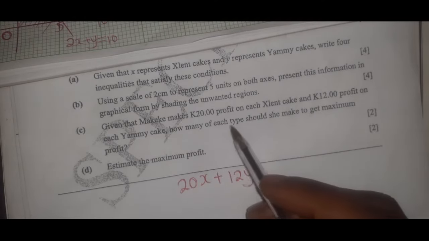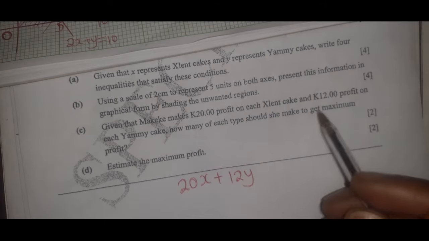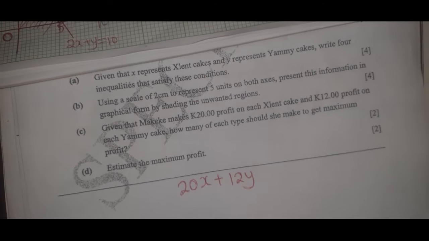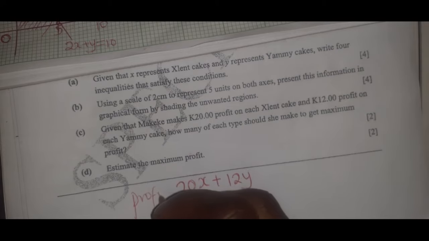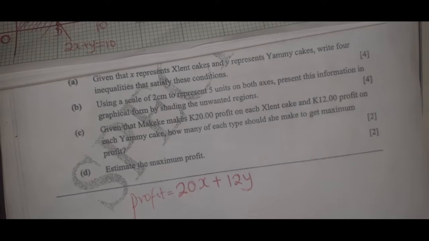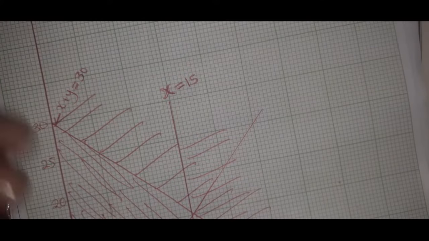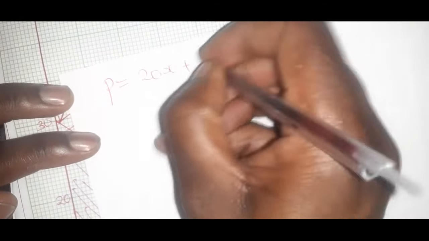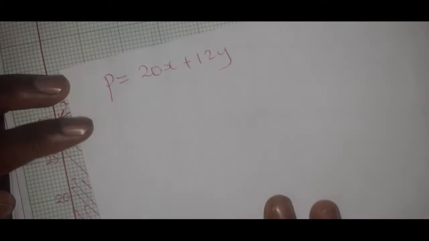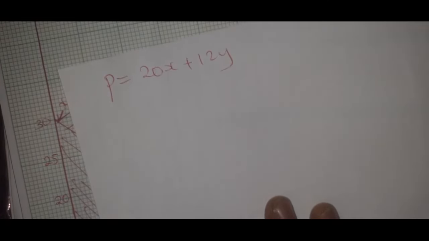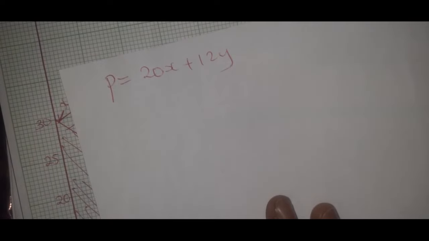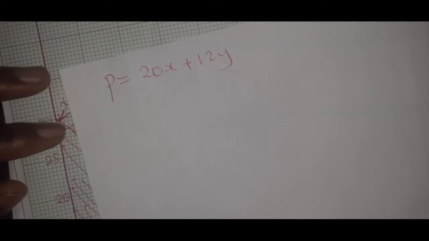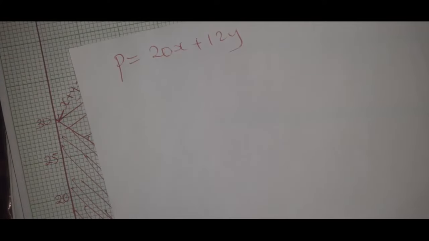How many of each type should she make to get maximum profit? Okay, so this is our profit function. Our profit is equal to 20x plus 12y. So how much of each should she make in order to maximize profit? That is where we are.